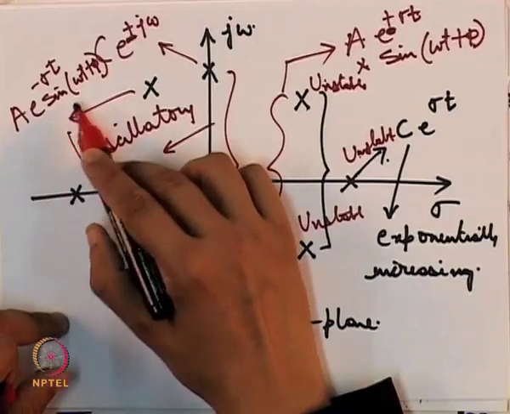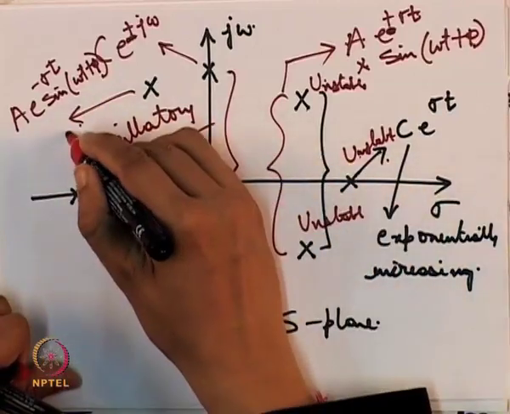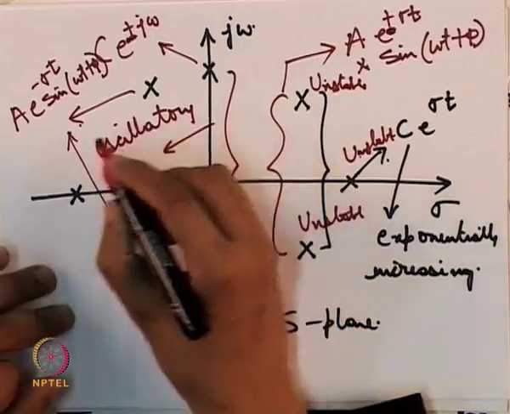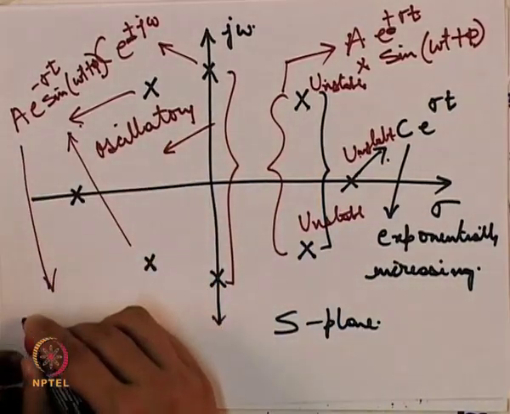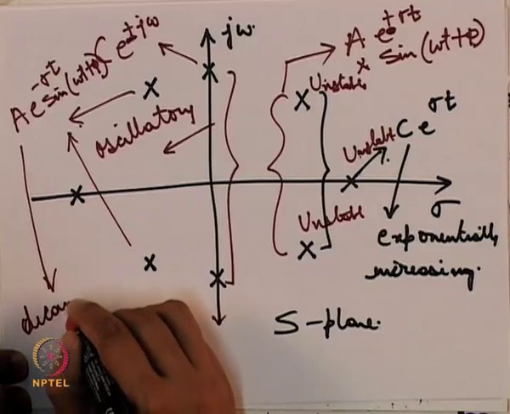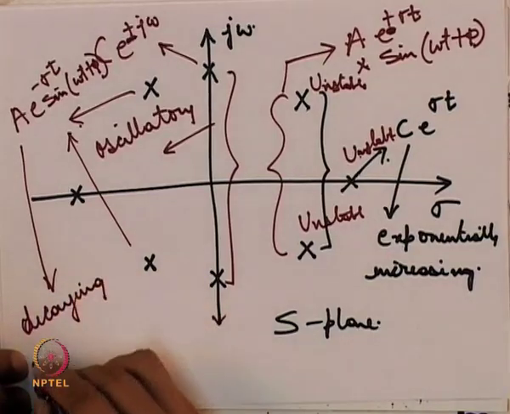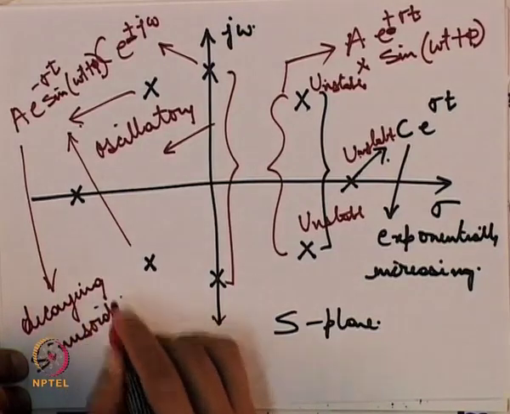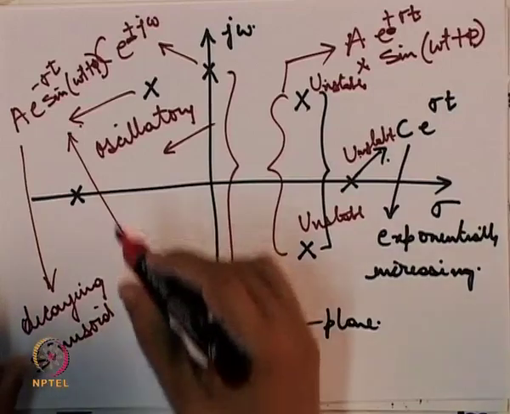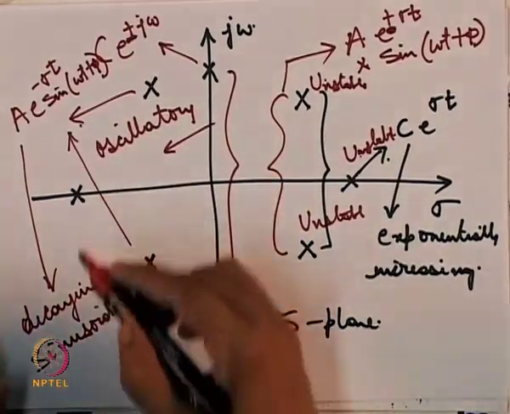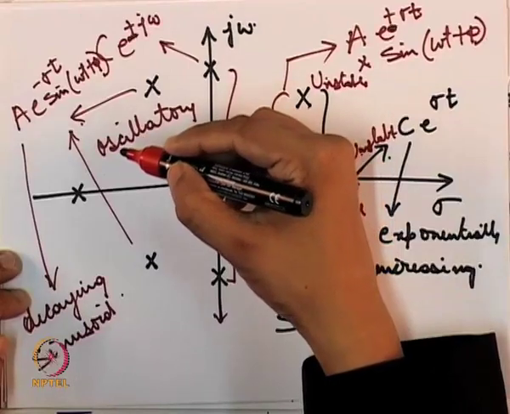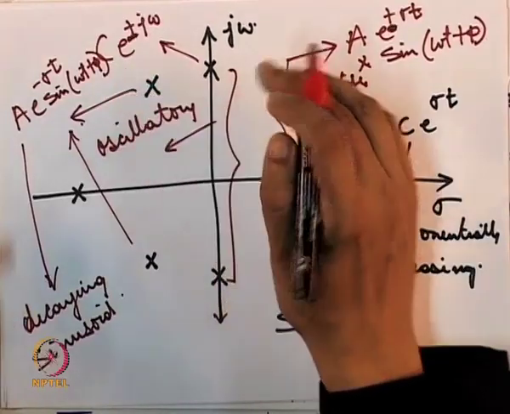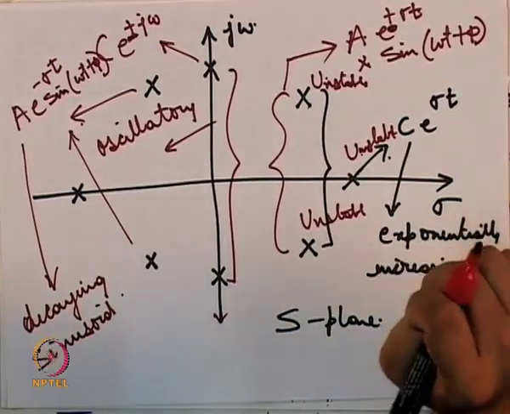Here the amplitude will go on decreasing with time. This is what we call a decaying sinusoid, and therefore represents a stable system. For a bounded input, we will get an output which will gradually decrease with time. This is what we want.